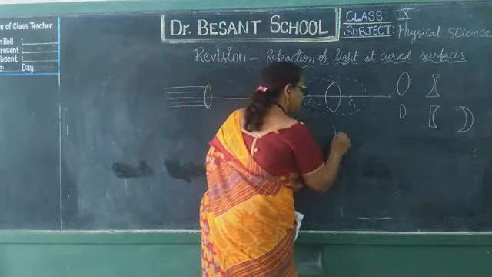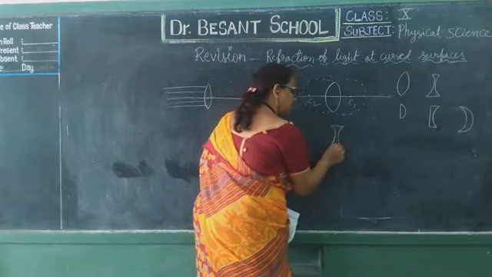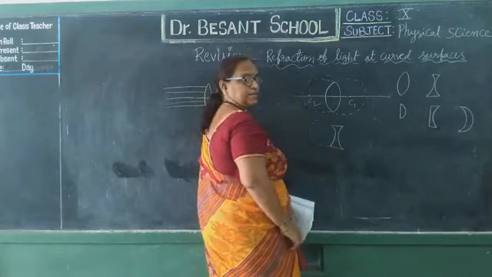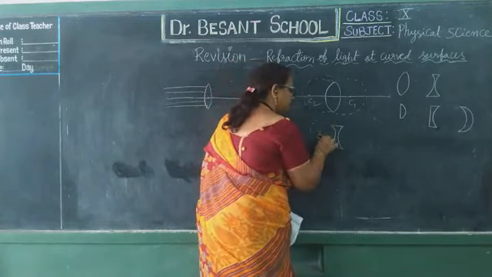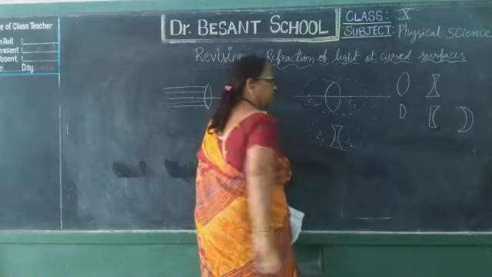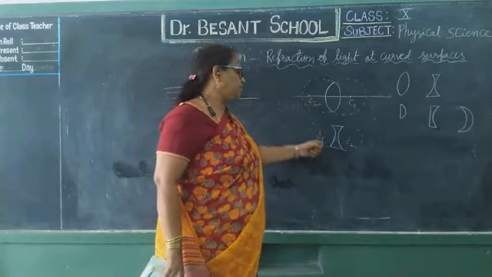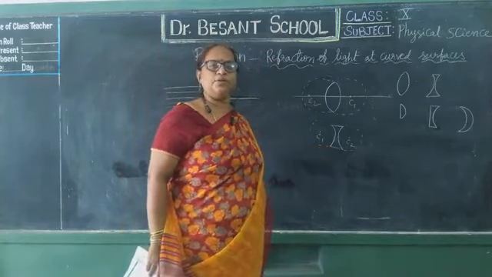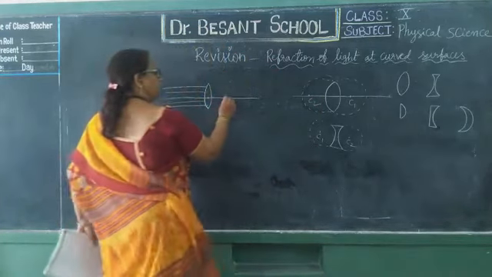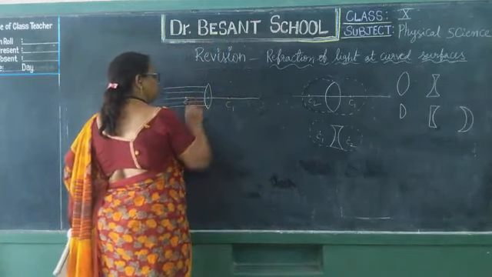Whereas if we consider a concave lens, this is the first curved surface and this is its sphere. So C1 will be this side and C2 will be this side. For a convex surface C1 is that side, C2 this side. For a concave lens, C1 is this side and C2 this side. Okay children, so here you will get C1 and here C2.